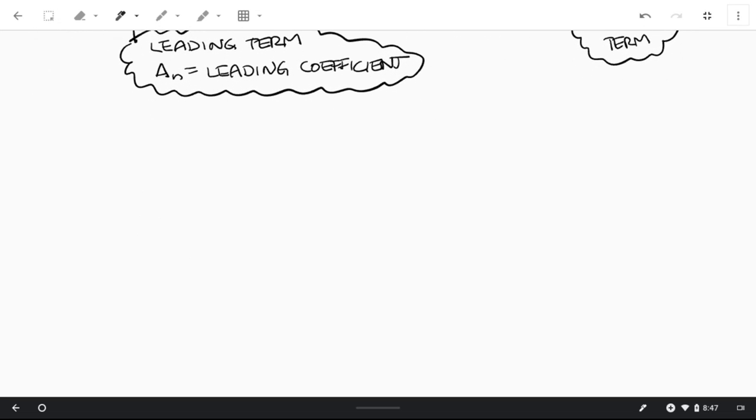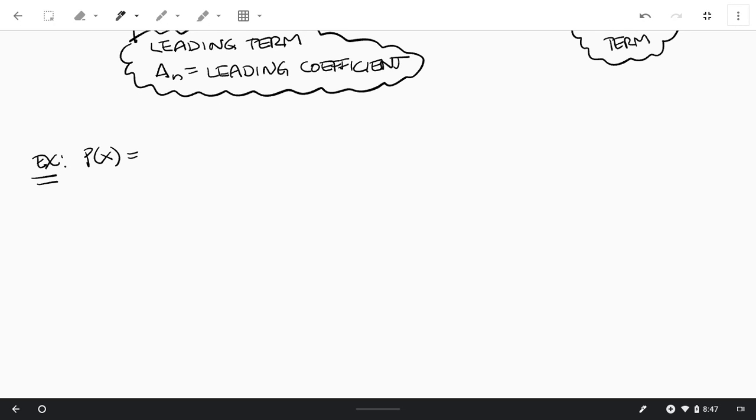All right, so you might be asked to identify all these different characteristics of a polynomial. So, for example, suppose that you're given this polynomial: 3x to the 5th plus 4x to the 4th minus 3x cubed plus 2x squared minus x minus 7. Okay? It's in descending order.